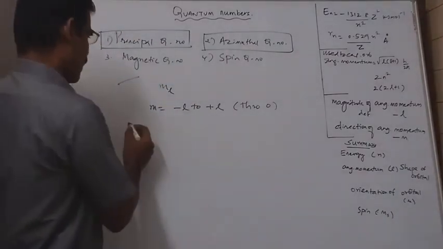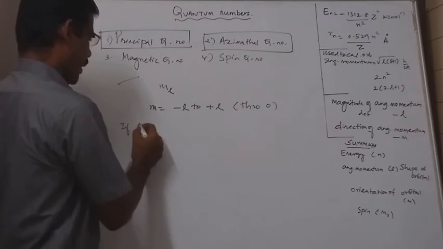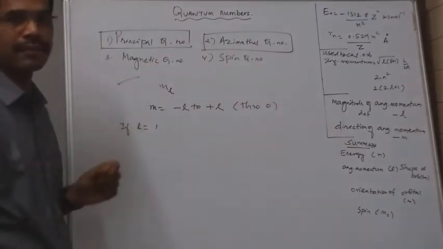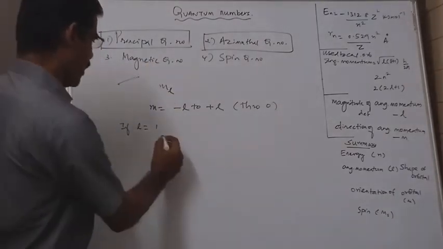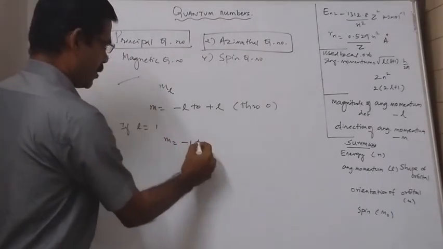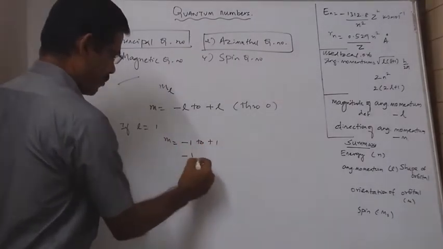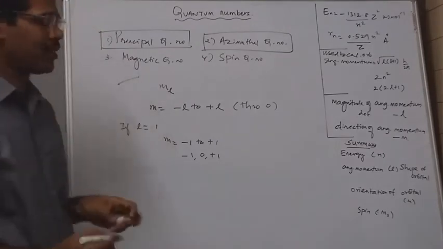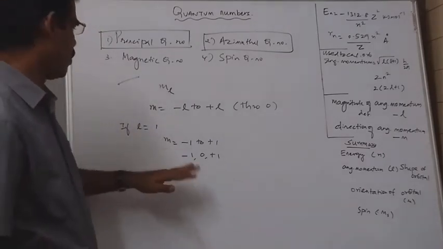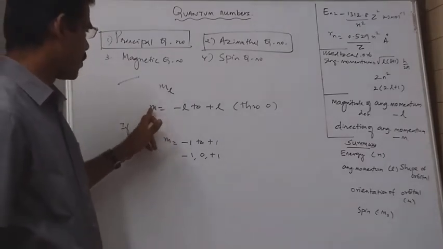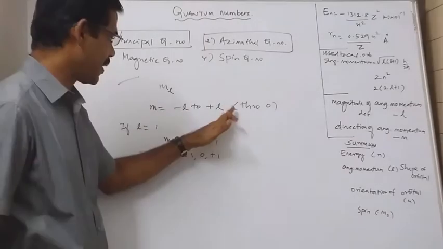For example, if l is equal to 1, what will be the possible values of m? You can see minus 1 to plus 1, which means minus 1, 0, plus 1. So in this way, we can take into account the value of m. So the m value ranges from minus l to plus l.